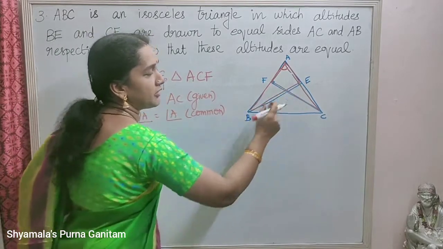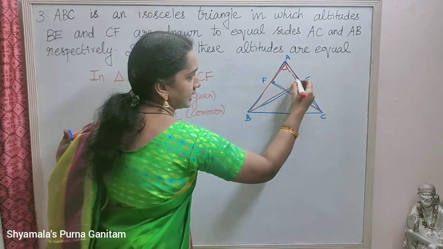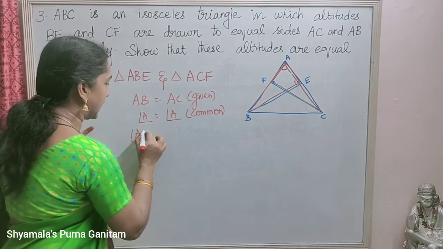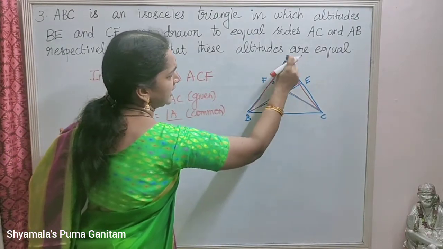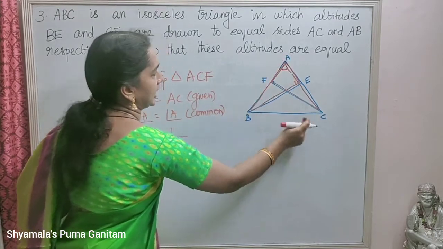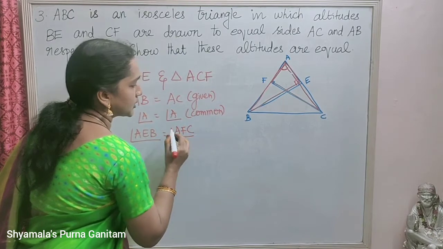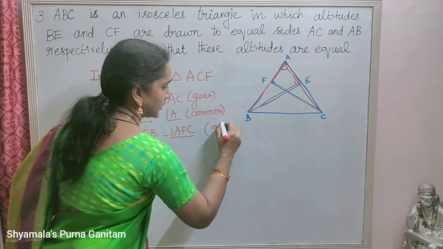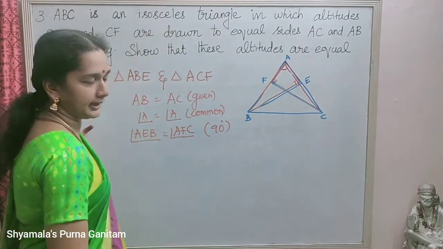Then since it is given that it is altitude, angle AEB is equal to angle AFC, and it is 90 degrees.